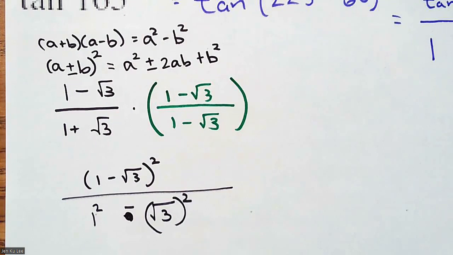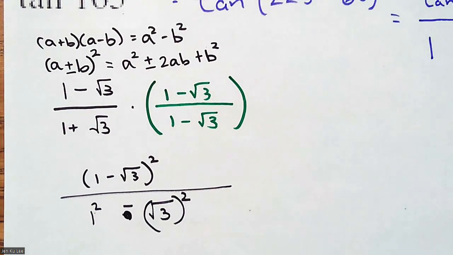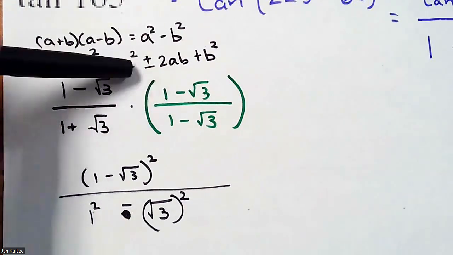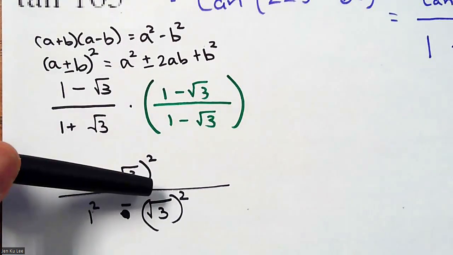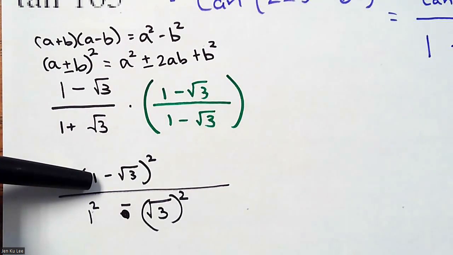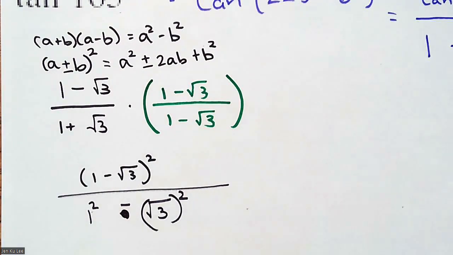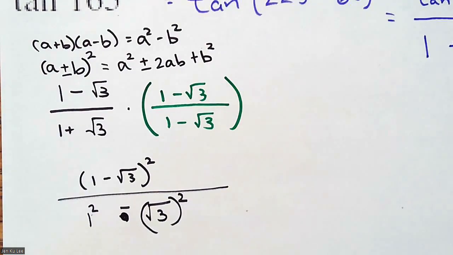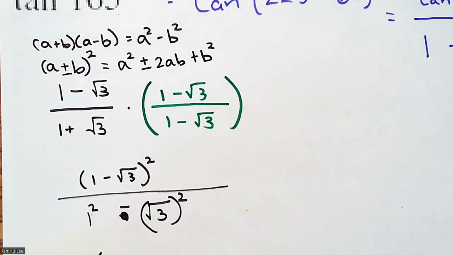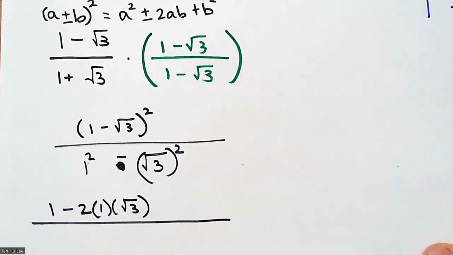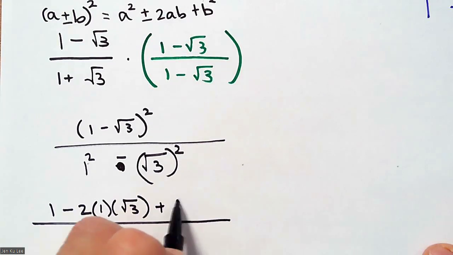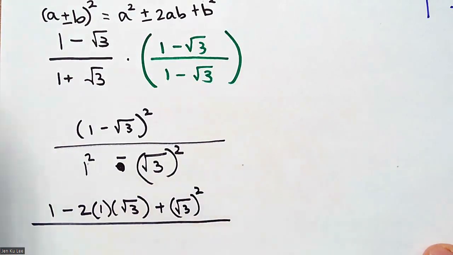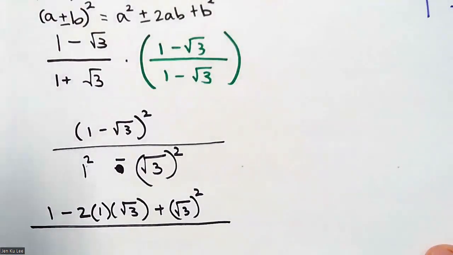That sign will just follow. So I'm going to be using this special formula to simplify this. So a squared is 1 squared, which is 1, minus 2 times 1 times square root of 3, plus square root of 3 squared, all over 1 minus 3.